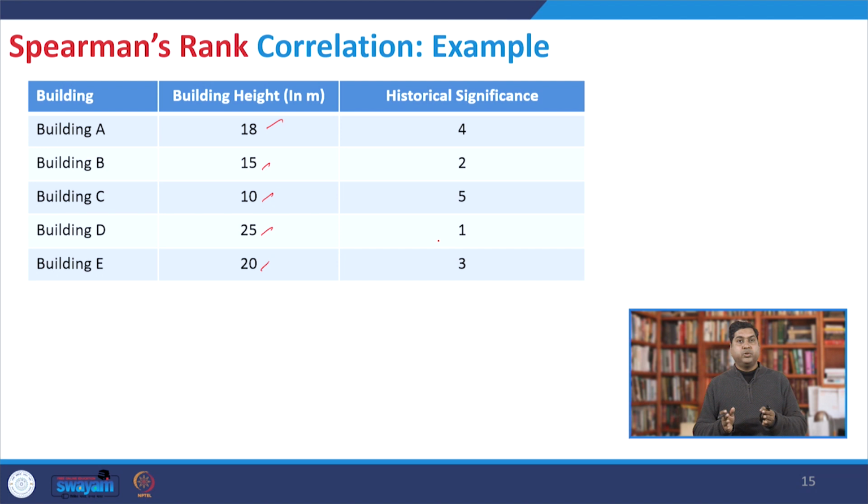This is again a hypothetical case, but here we try to understand that building D is the first, then building B, then like that building E, and these show some significance. Now these are the raw values: one is the height in meters and the other is just a score about the historical significance.